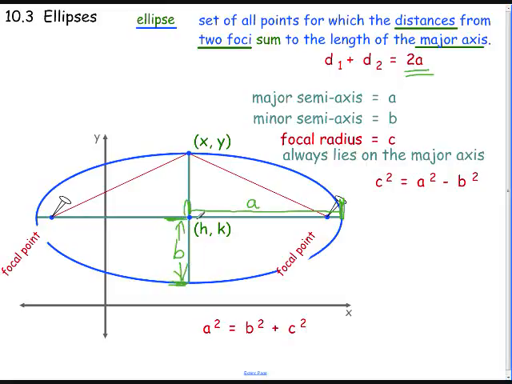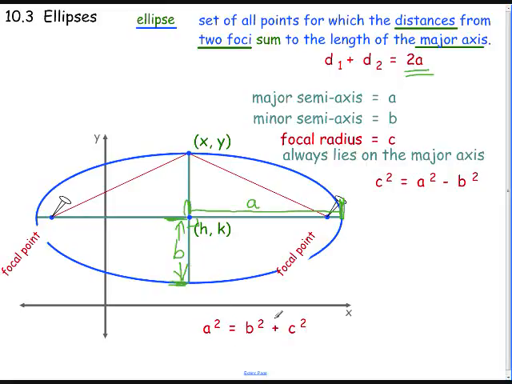It's perpendicular to the major axis. We can always figure the major axis because it's the one that is longest, and it goes through the two foci. If we want to know the length of the major axis, we just double what a is. If we want to know the length of the minor axis, we just double this b, 2b.